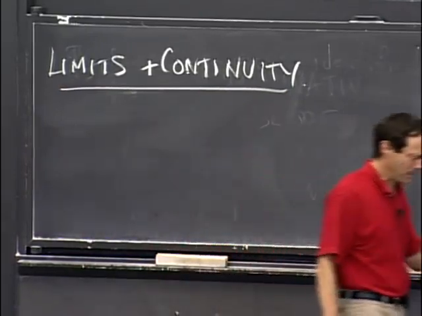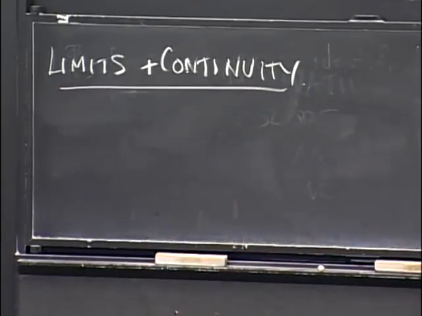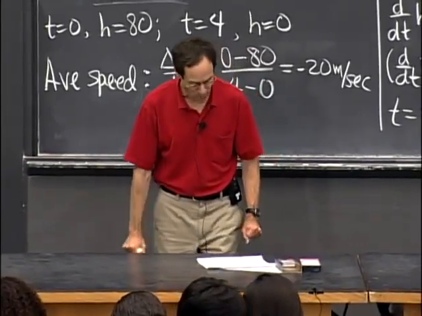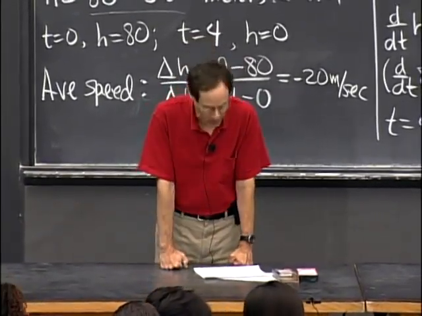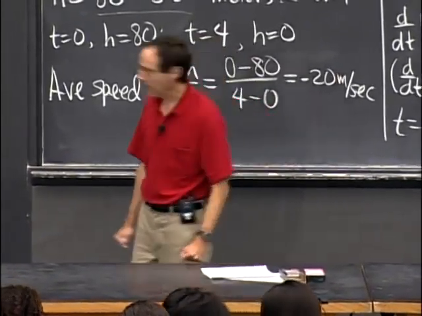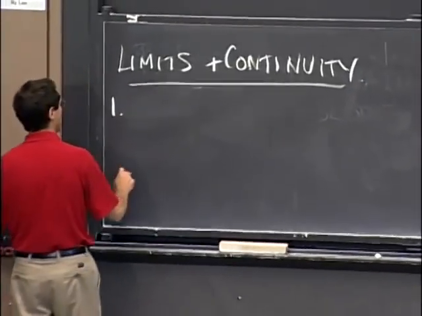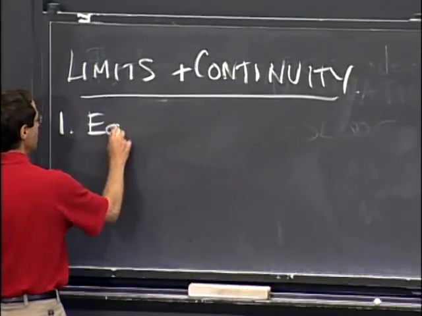And this is a warm-up for deriving all the rest of the formulas that I'm going to need to differentiate every function you know. Remember, that's our goal, and we only have about a week left, so we'd better get started. So first of all, there's what I will call easy limits.